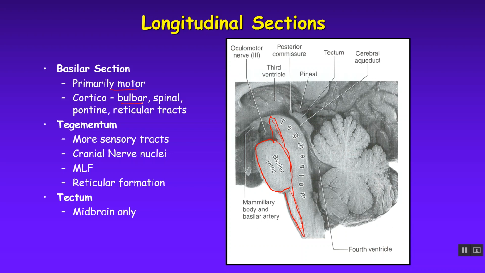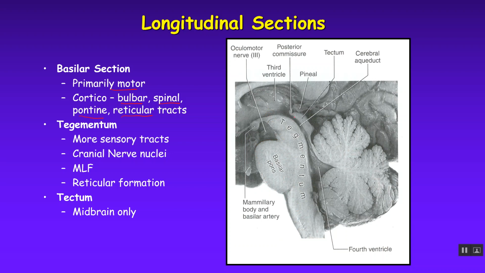Primarily motor: cortical bulbar, cortical spinal, cortical pontine, cortical reticular fibers. They're all running down through this front part of the brainstem. We're making stops: cortical pontine, cortical reticular, cortical bulbar to different cranial nerve nuclei, making those stops along the way. That's the basilar section, basilar longitudinal section through the brainstem.